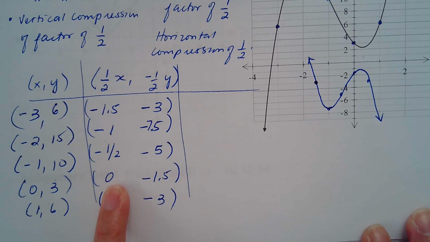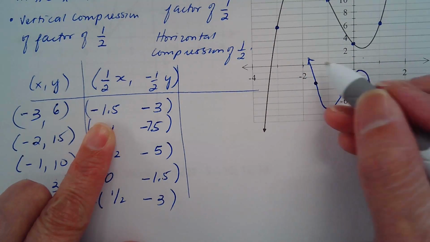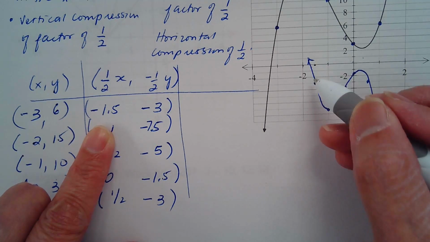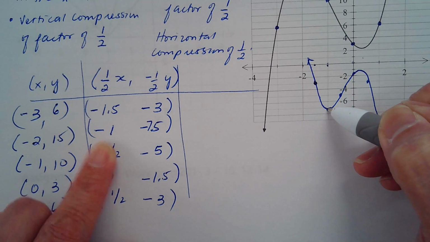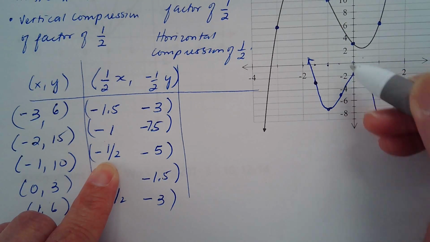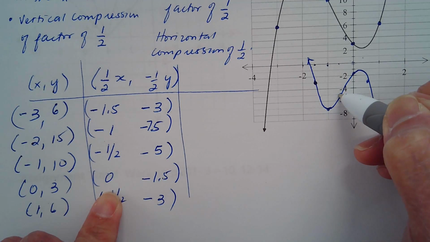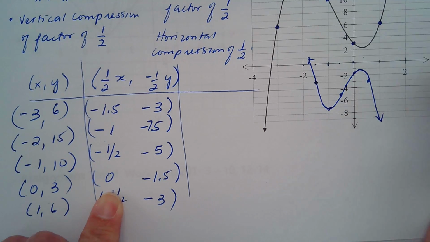So it flips it. Negative 1.5, negative 3, negative 1, negative 7.5, negative a half, negative 5, right there. 0, negative 1.5.